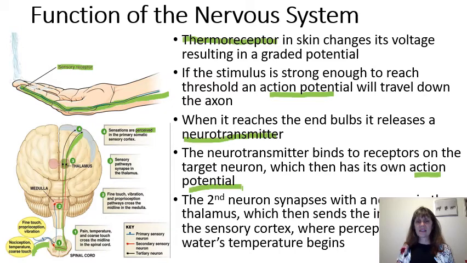And then this second neuron is going to synapse again, like we said, with a neuron in the thalamus, which then sends information to the primary somatosensory cortex of the brain, where the perception of the temperature of the water begins. That's sensation. That's afferent, incoming, ascending, going upward information.